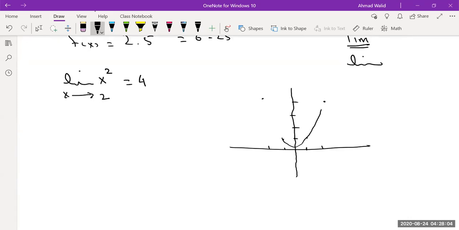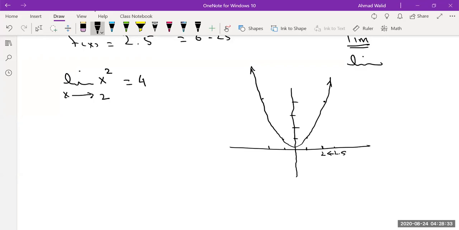In this example, when your x is, for example, you choose the first point as 2.5, you start from 2.5. You are going closer and closer to where? To 2.